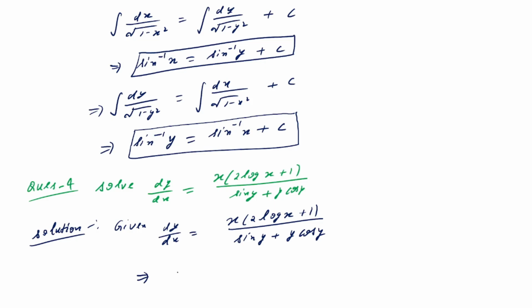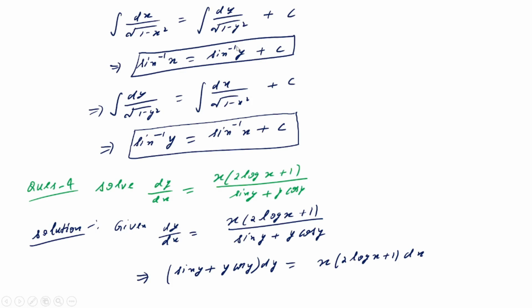This implies that we separate the variables: each term of y will be on the left hand side, and each term of x on the right hand side, into dx. Now proceed on the next page.